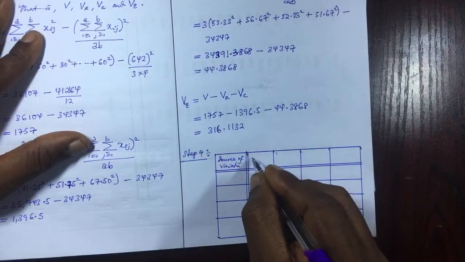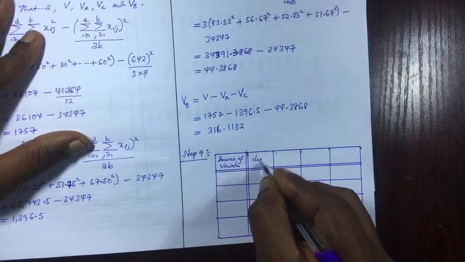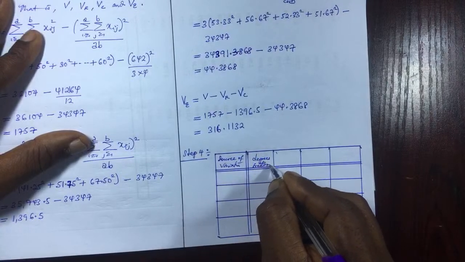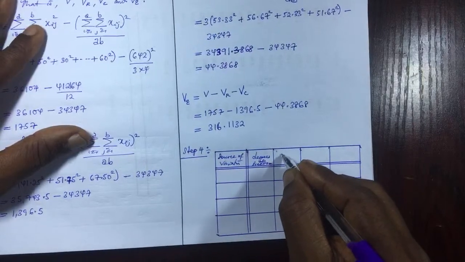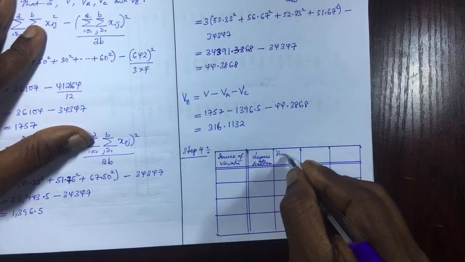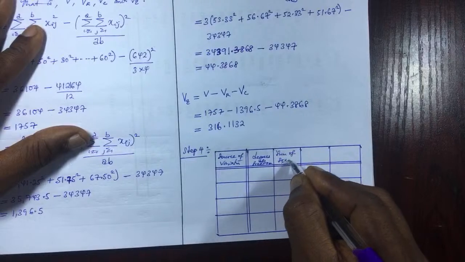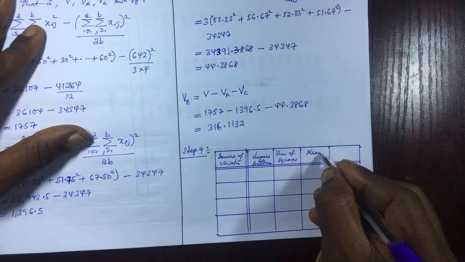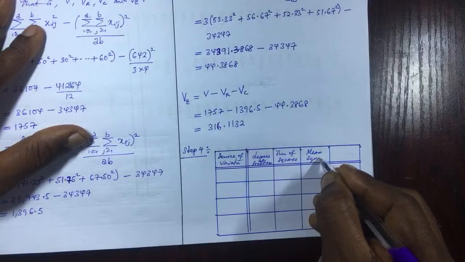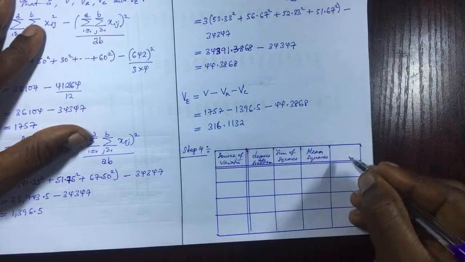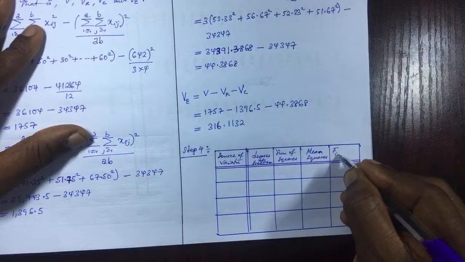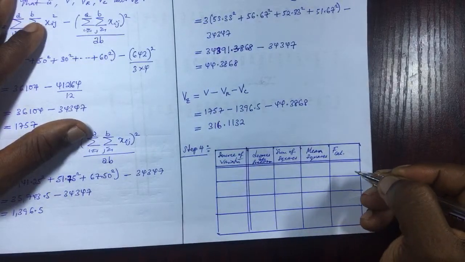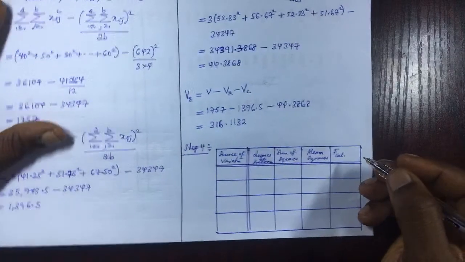I'm going to put here degrees of freedom, or you could just put DF for short. I'm going to put here sum of squares, or SS for short, and here mean squares, or MS for short, and here I'm going to put my F calculated or F computed, the way I like calling it. You may like to call your own F ratio, you will still be correct.